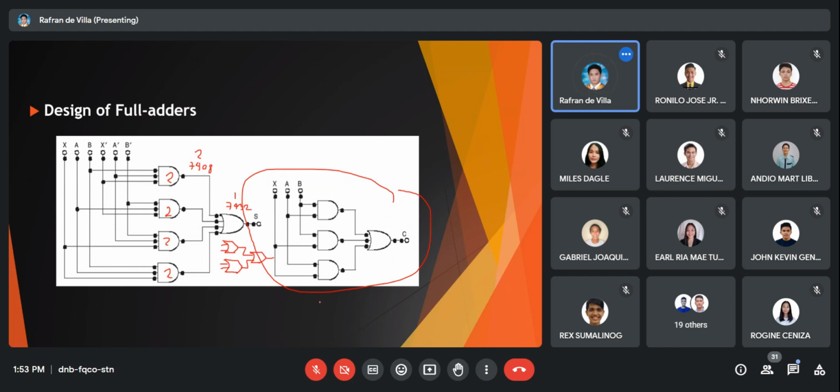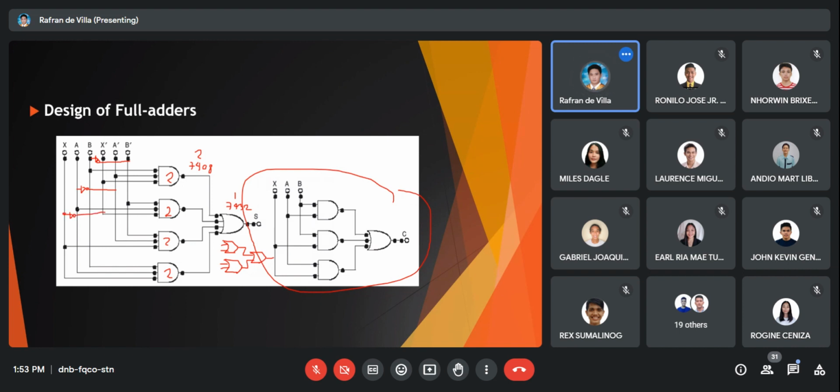Now, as you can see, there are cases where, when you will be constructing the final circuit, we can connect it directly, right? So that we can minimize. So, you have here your A complement, and you have here your X complement.